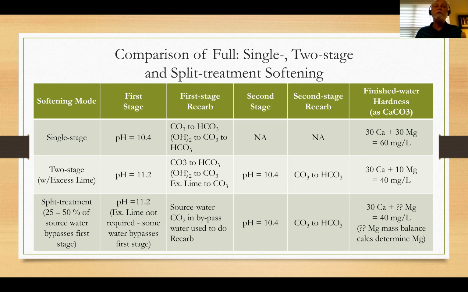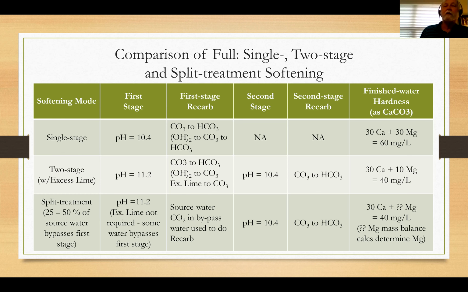So in today's world of worrying about residuals, when I add excess lime, I've got to precipitate it. And keep in mind, when I'm adding lime to precipitate calcium, I'm producing twice as much residuals. So these are the other things we have to keep in mind. So my second stage, now that I've added partial recarbonation, I'm down to 10.4.